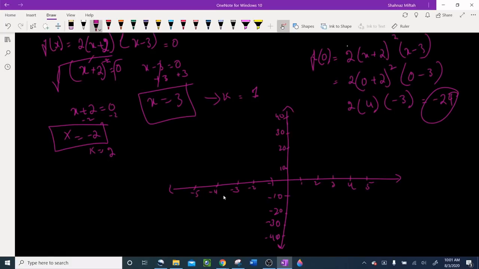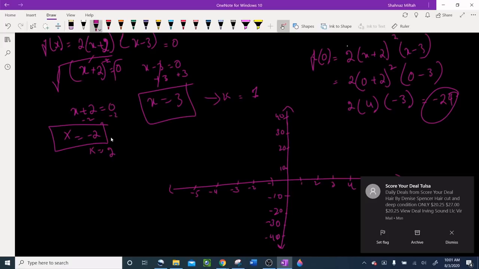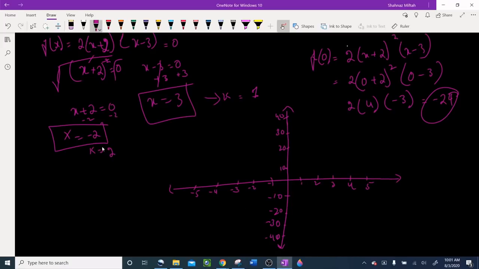So the graph is like we did at -2. Since the multiplicity is even, it means at -2 it's going to touch and turn around. So this is -2, it's going to touch and turn around.